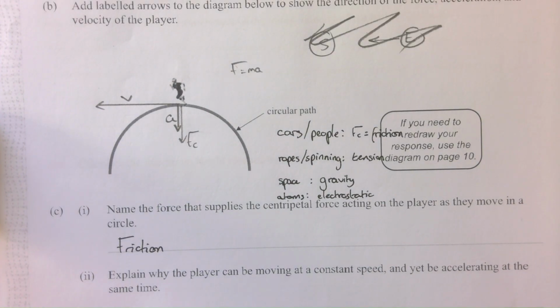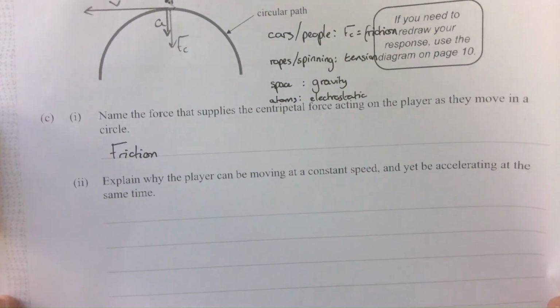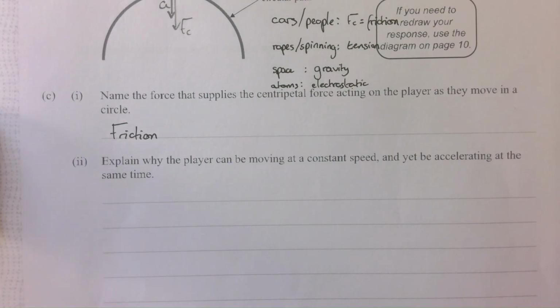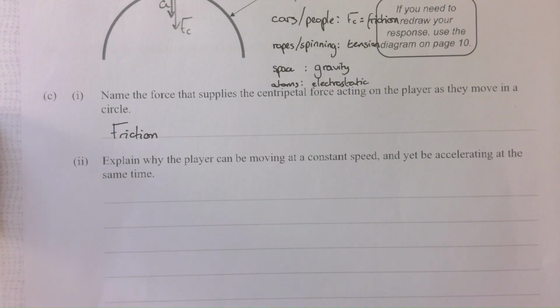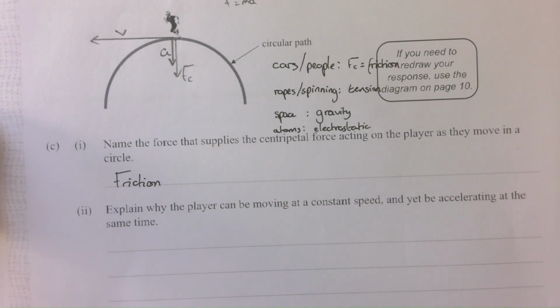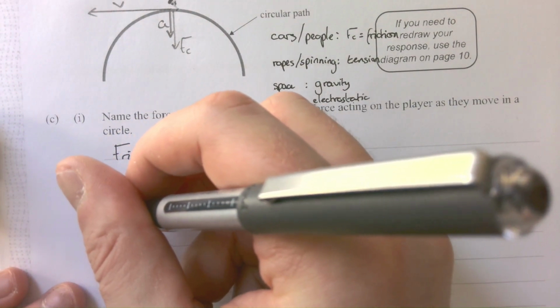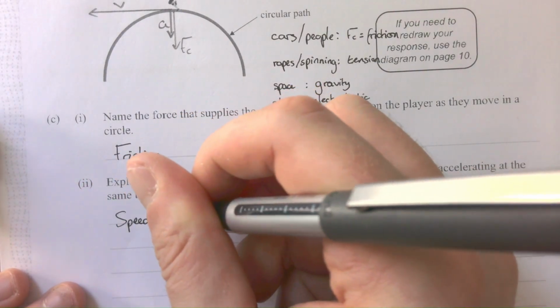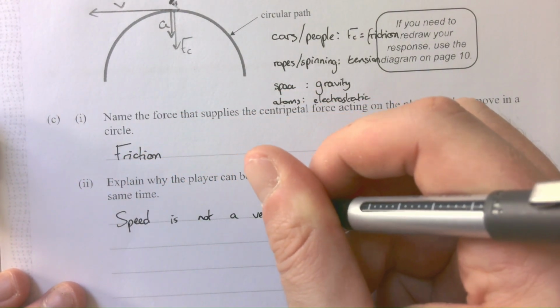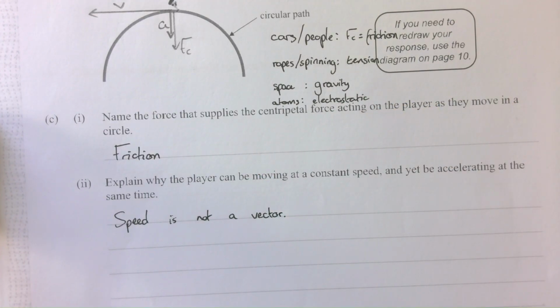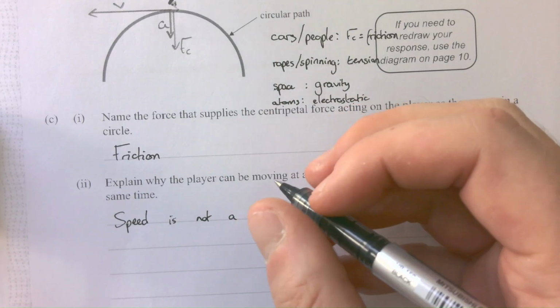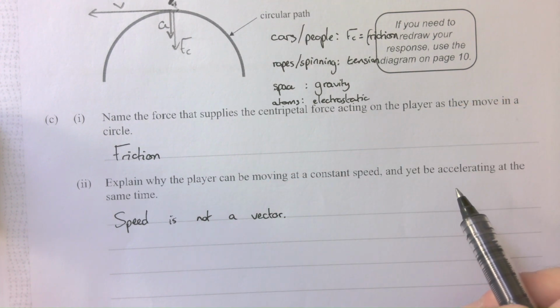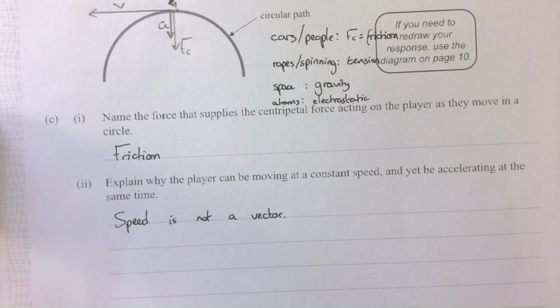Okay. Now for part 2 in C, we are going to explain why the player can be moving at a constant speed and yet be accelerating at the same time. And it's sort of what I was talking about before. Speed is not a vector. This is the fundamental point where this distinction comes in. Speed is not a vector, yet acceleration is the change in velocity, which is a vector.